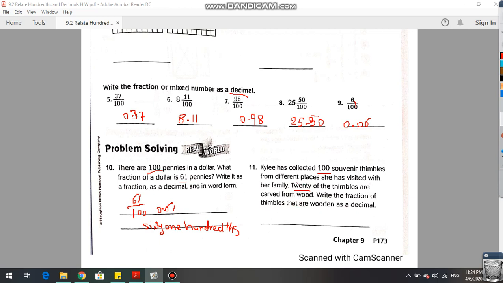Okay. First, she got only 20 wooden. So the part is 20. And the total is what? 100. And he wants me to write the fraction of samples that are wooden as decimals. So a decimal is going to be 0.20.